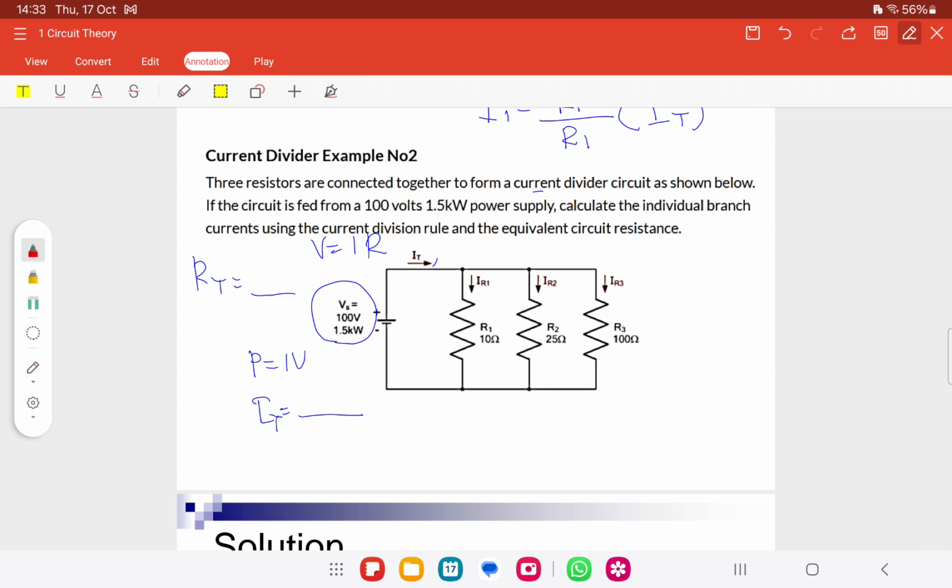R total, I total. Tak kisah, dua-dua. Both values. I total 15. Okay, R total? 10, 25, 135.